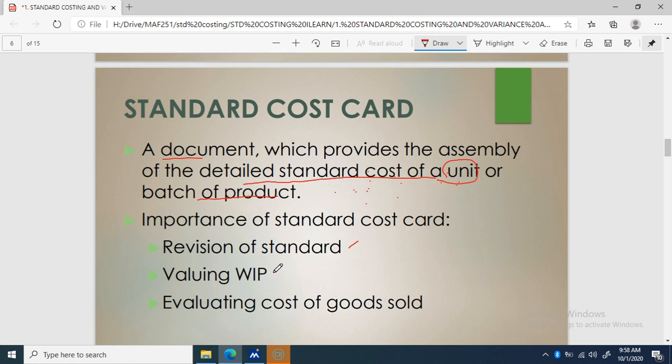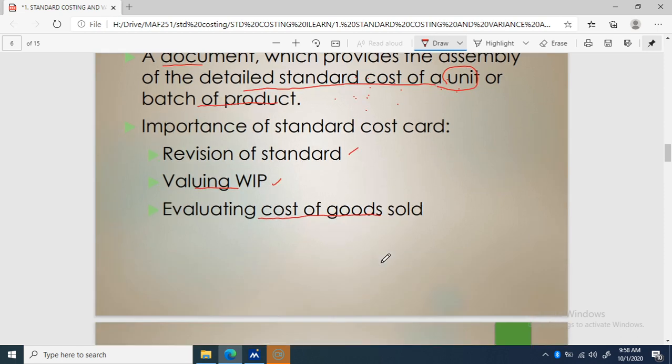And when we have uncompleted product during the period, that means work in progress, we can use the standard cost card to value work in progress. If we have finished goods, we can use the information in the standard cost card to evaluate the cost of goods sold for the finished goods.